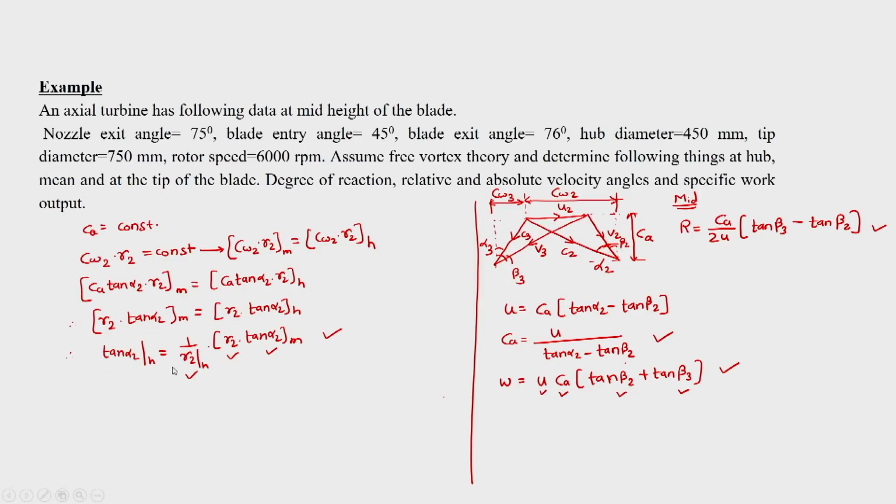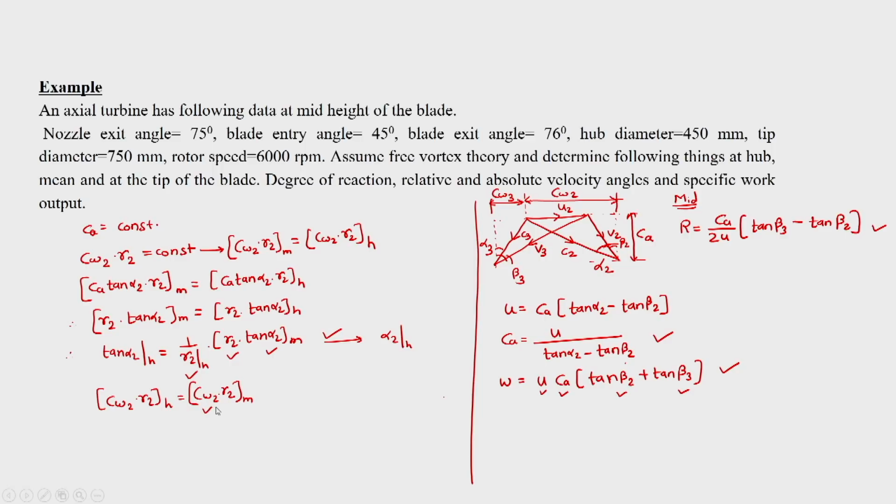Further, since we know this, we also know Cw2 at mid. Cw2 into R2 at hub is equal to Cw2 into R2 at mid.